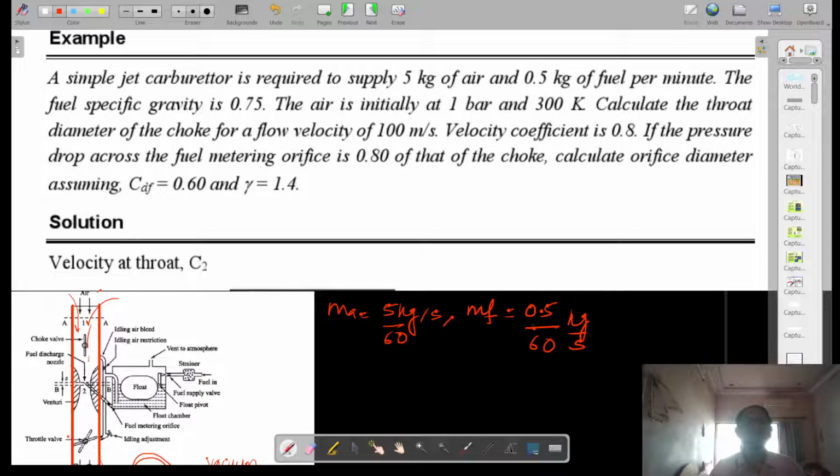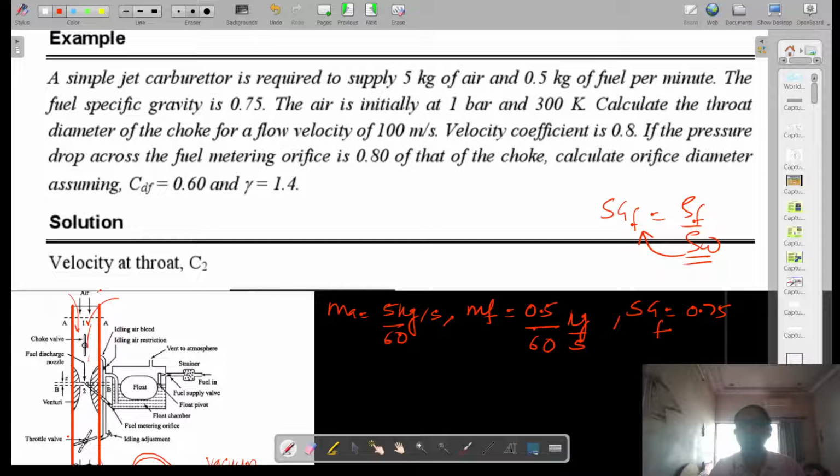Then the specific gravity of the fuel is given as 0.75. Generally, if you want to calculate the specific gravity of any fuel, it is rho of fuel divided by rho of water.